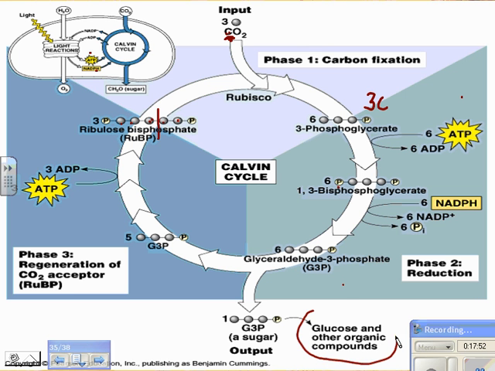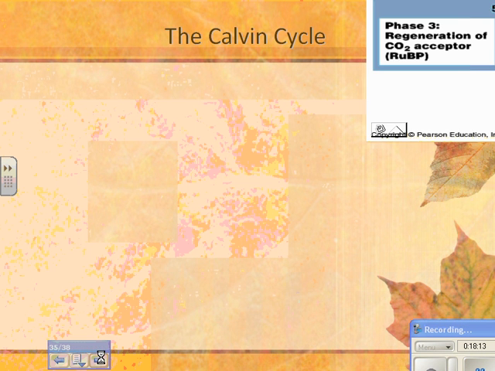So yay, I've made glucose. But you can't use them all to do that because you have to take this G3P, use some ATP to put another phosphate on it to keep this thing going. So in order to make a glucose, you have to go around several times. I think that's as much as I want you to know for that.